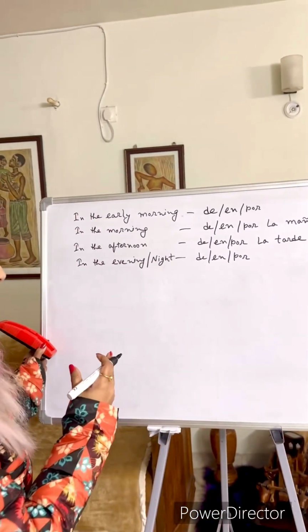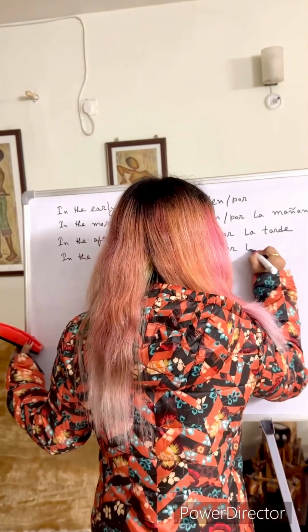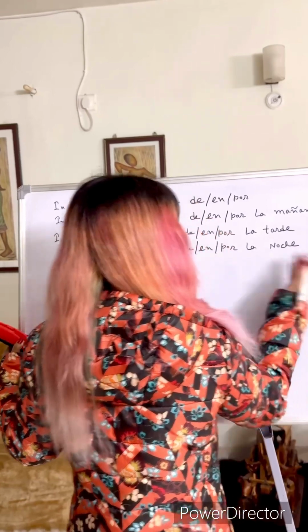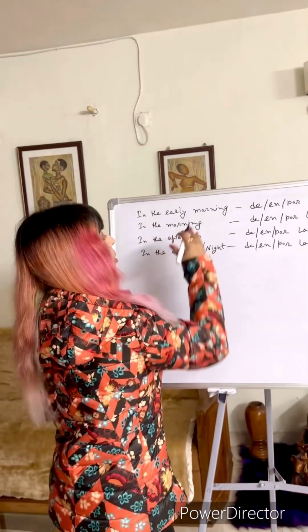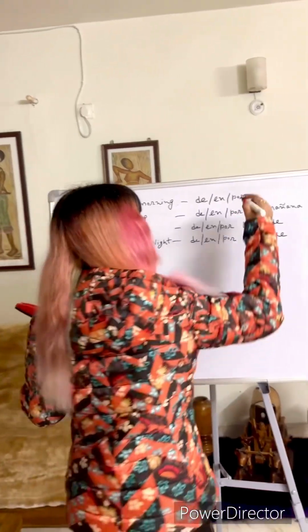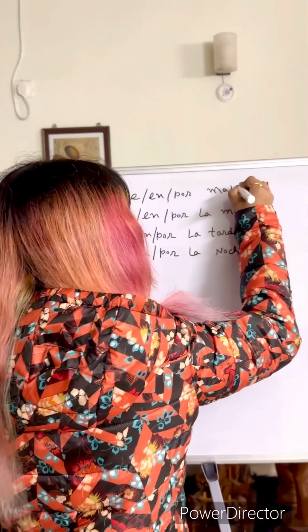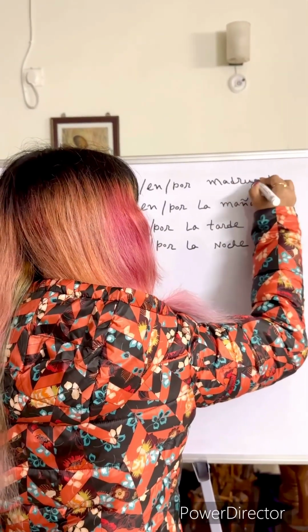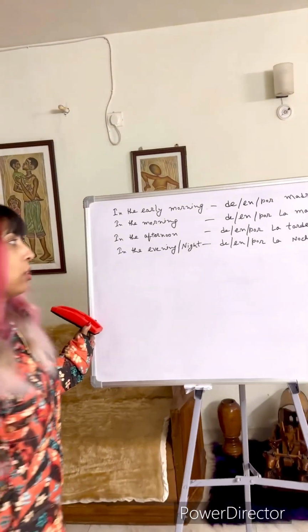And for evening and night, there is only one word, noche. So de la noche for evening or night. And for early morning, we have this word madrugada. So it would be de la madrugada or en la madrugada or por la madrugada.